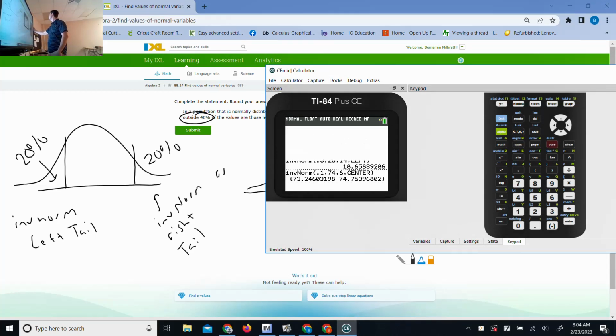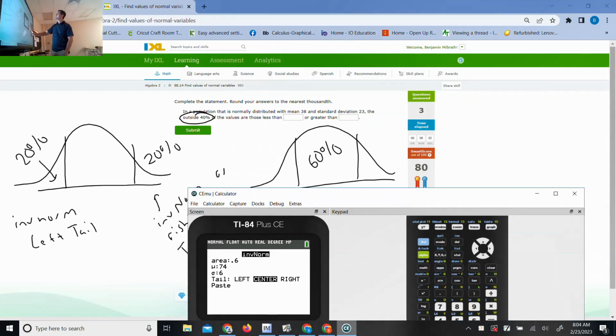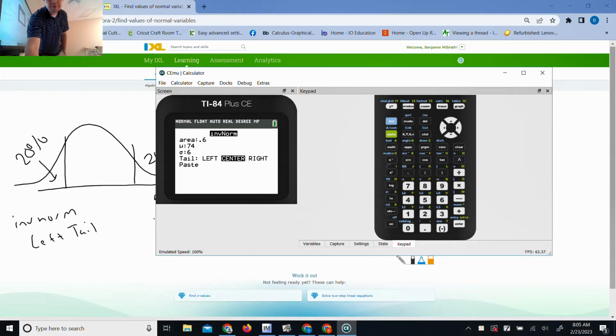Second, vars, inverse norm. Area being 0.6. Mean is 38, standard deviation is 23.